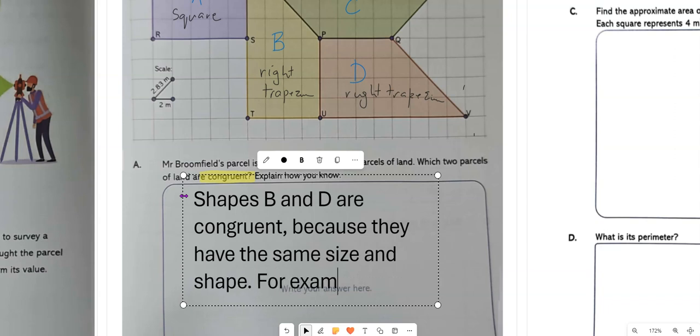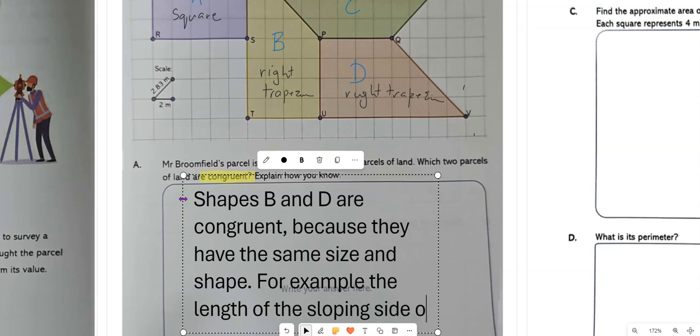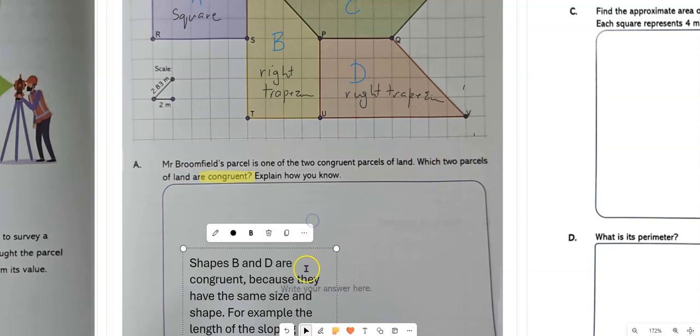For example, the length of the sloping side of each. Let's see if we can make this a little smaller and move this up.